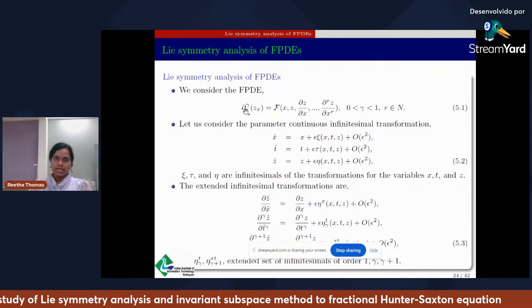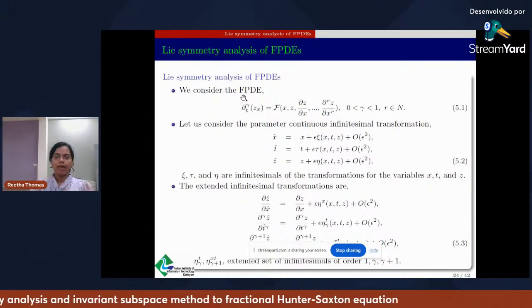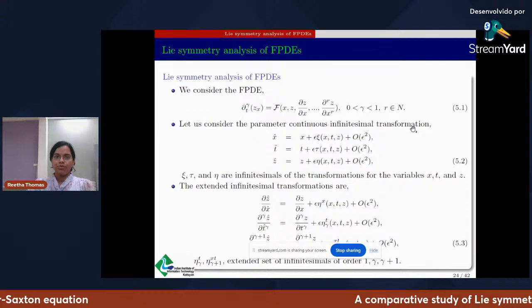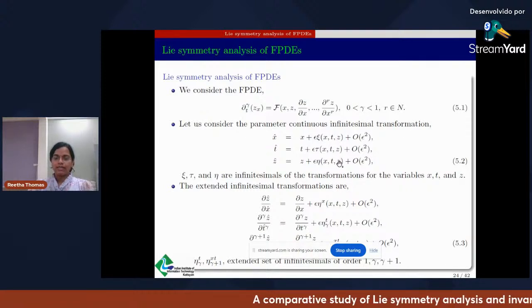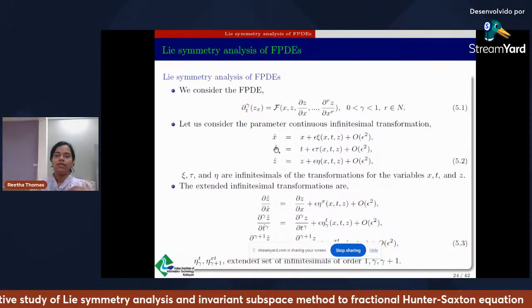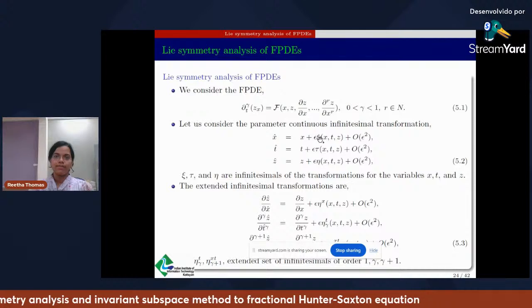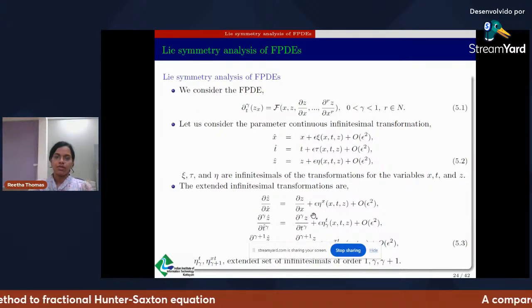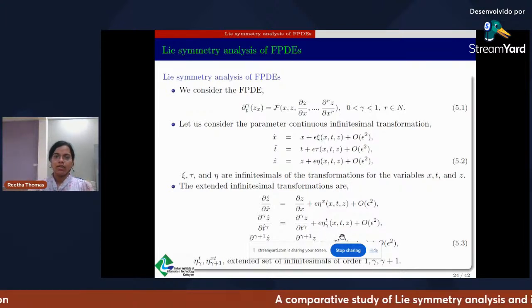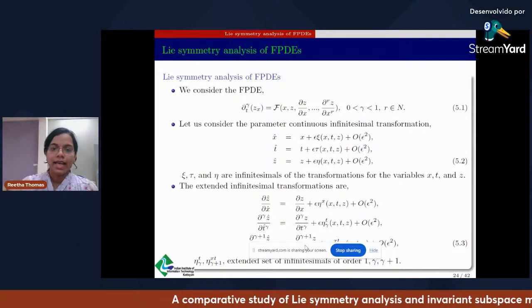For that case, we have the fractional PDE D_t^gamma z_x equal to F, and consider that this equation is invariant under this one-parameter continuous infinitesimal transformation, and as in the previous slide, we can extend this infinitesimal transformation to eta^x, eta^{gamma,t}, and eta^{gamma+1,xt}.